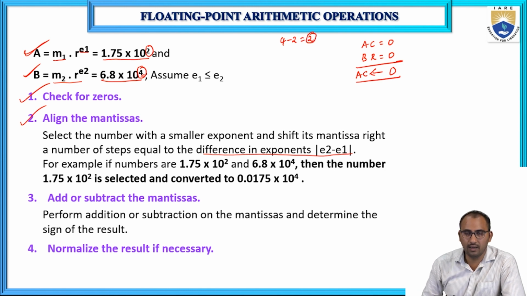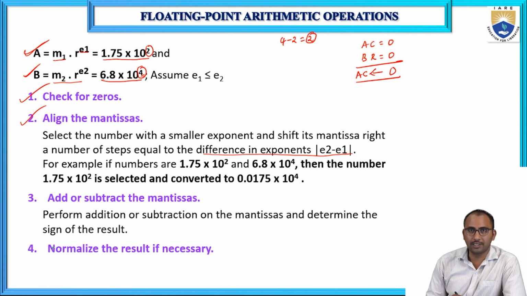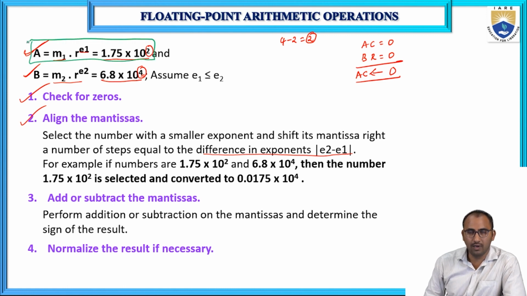The difference in exponents is 2. So first we select the number with the smaller exponent, which is the first number. Then we perform a shift right operation by 2 positions.